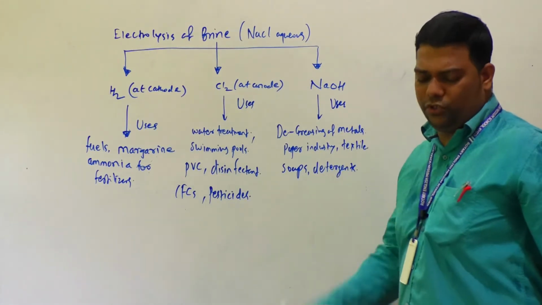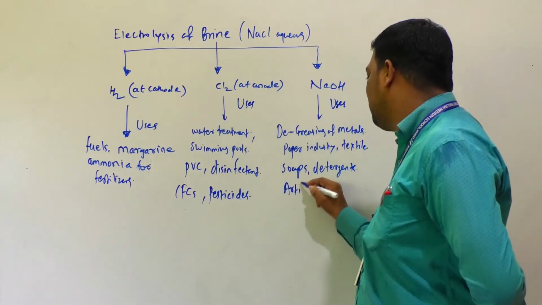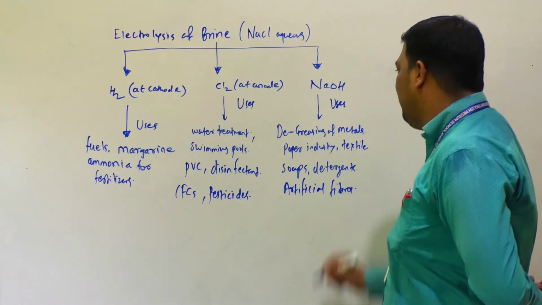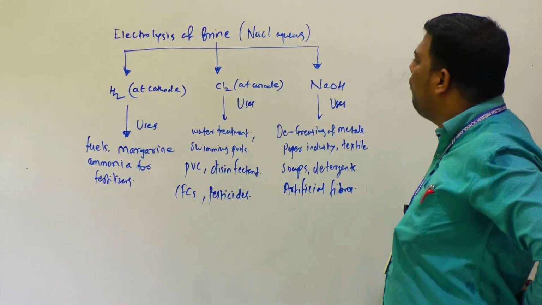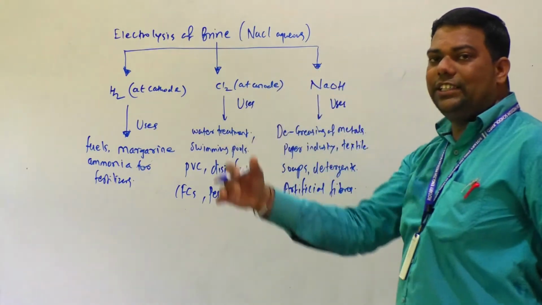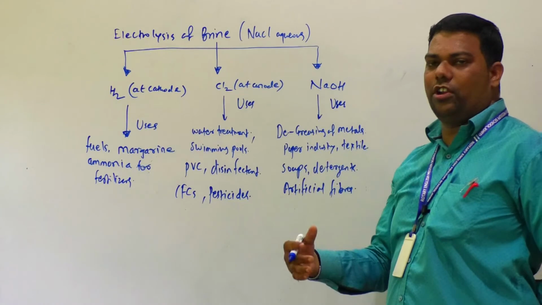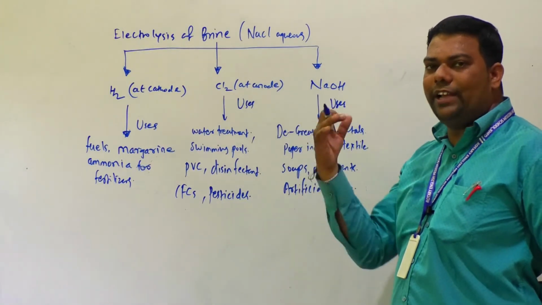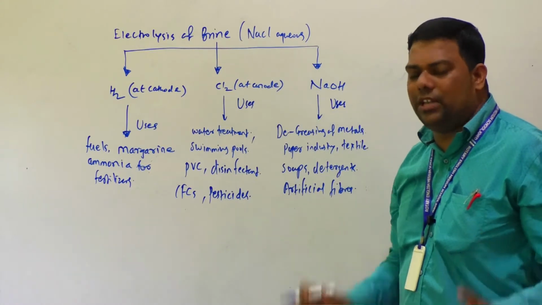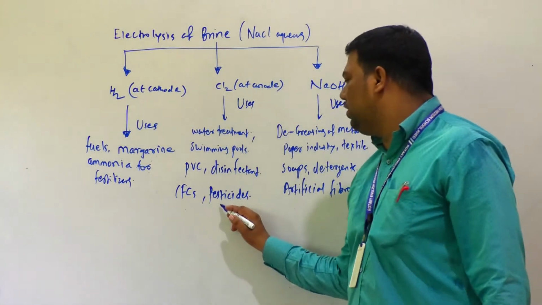So many uses of NaOH. Then artificial fibers also we can make from NaOH. So like this, NaCl, that is brine solution, we can use as the raw material for various chemicals. Here we discussed the most important thing.